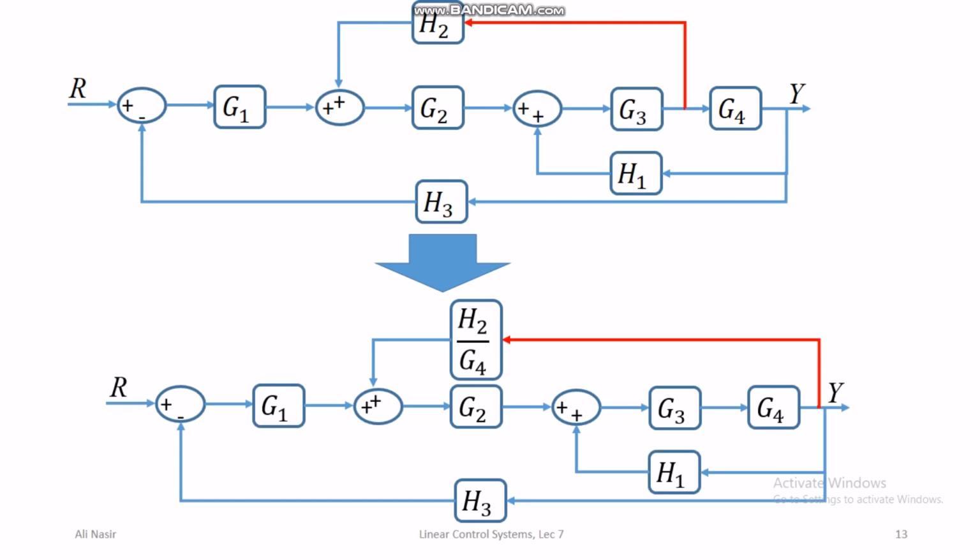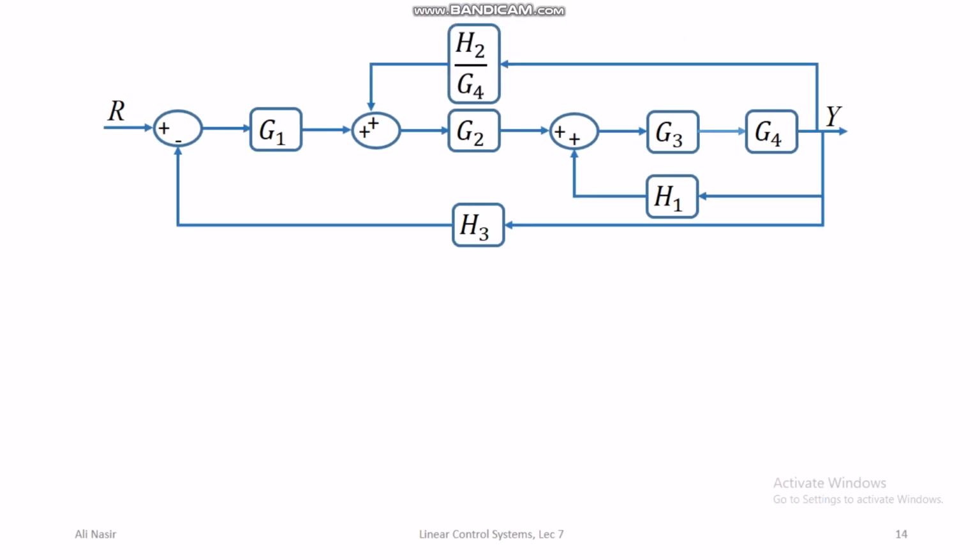So we have manipulated the block diagram without disturbing the transfer function between the input R and the output Y. This manipulation allows us to do some further simplifications. For example, in the next slide I have redrawn the manipulated block diagram, and if you look at this loop now, there is no branching from the middle of this loop. So this loop is now independent.